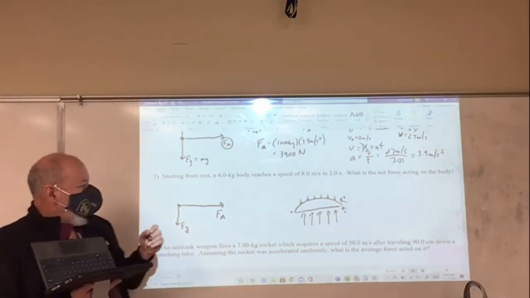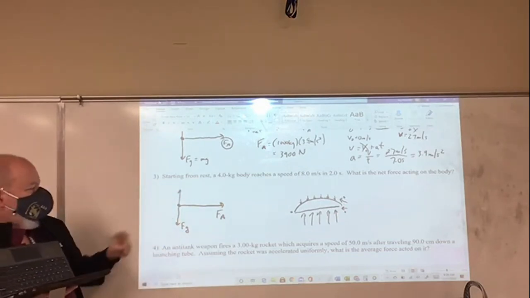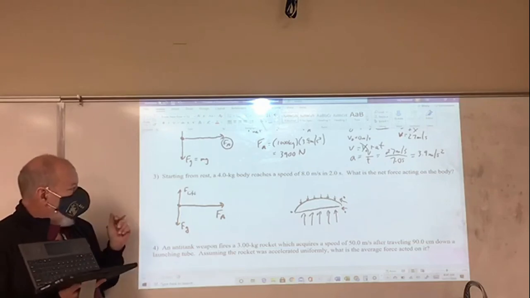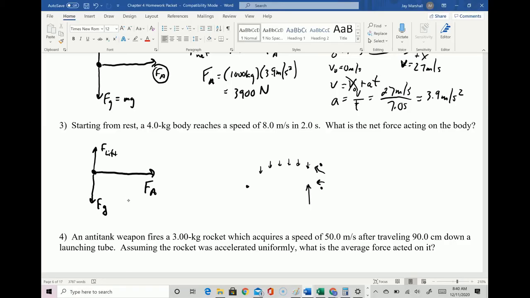Okay? So we have a force in the upward direction balancing this. And for our purposes, I'm just going to say lift because I want to. But we don't really know what the force is. The problem doesn't tell us that. We just know that there's a balanced force in the upward direction.